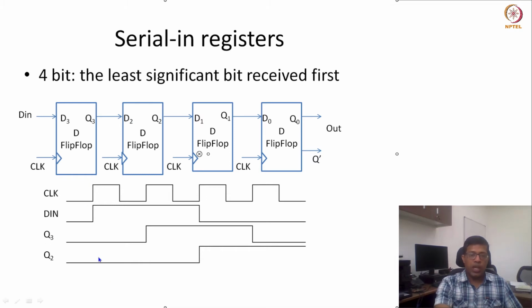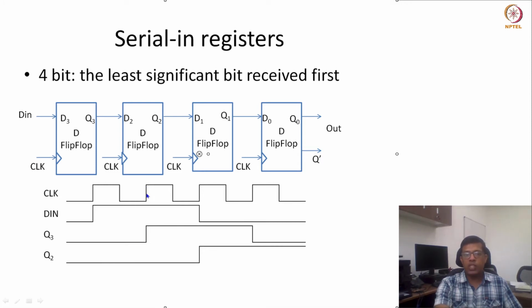At Q2, everything is shifted by 1 clock cycle. Whatever was the input here would be the output after 1 clock cycle. So you see, we can quickly check. At this positive edge, because Q3 was 0, Q2 would be 0 for 1 clock cycle.